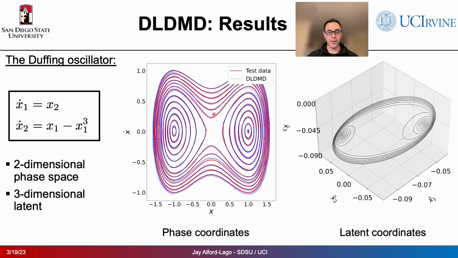So we go from 2 dimensions in our phase coordinates to 3 dimensions in our latent coordinates. More importantly, in the latent coordinates all of the nonlinearities have been smoothed out, so we have these roughly linear periodic orbits.